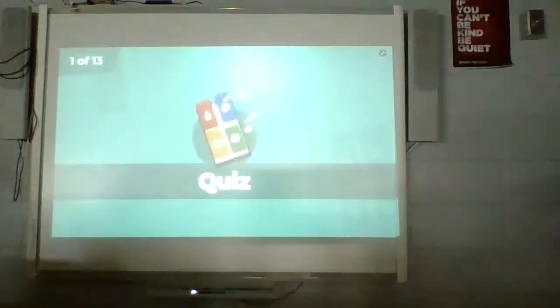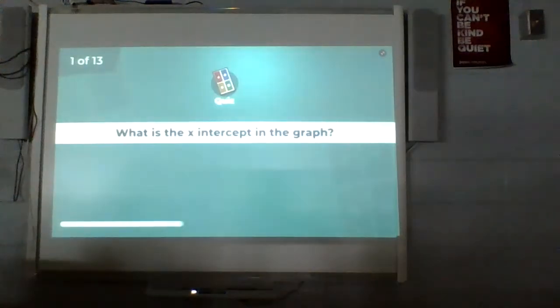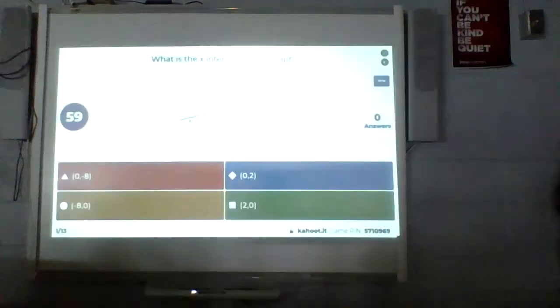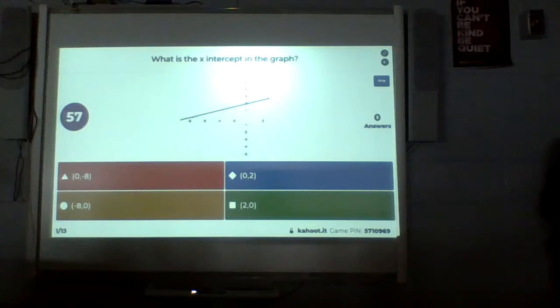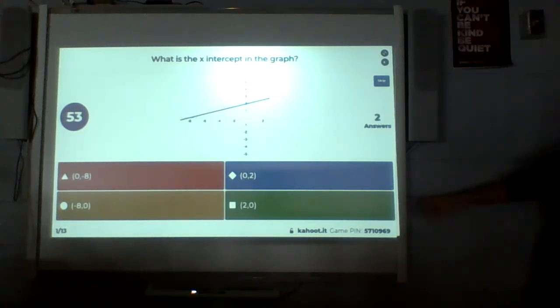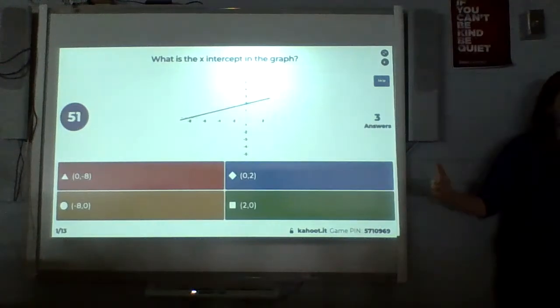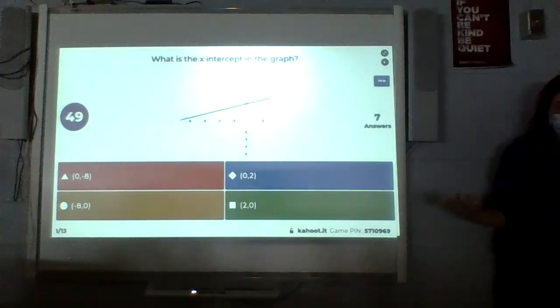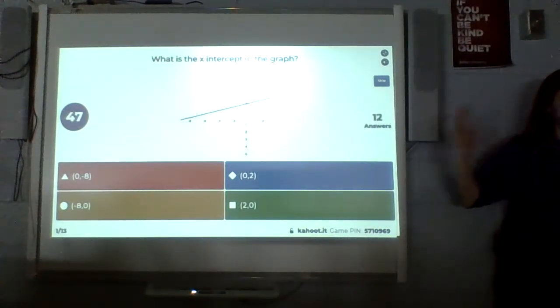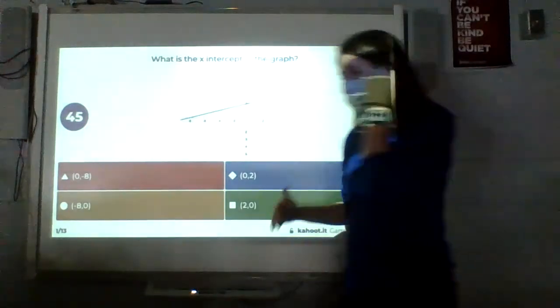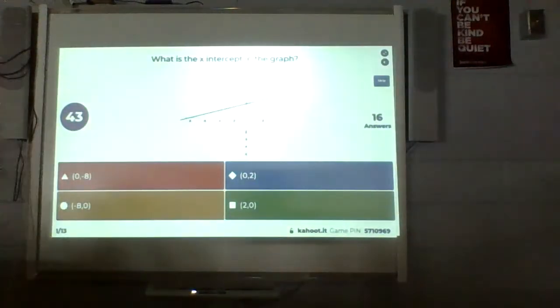The x-intercept: again, look at it. It's either 2 or -8. You can figure out which one based on how wide the graph is versus how tall, so you don't have to count every space. Look at the choices and make a logical choice.